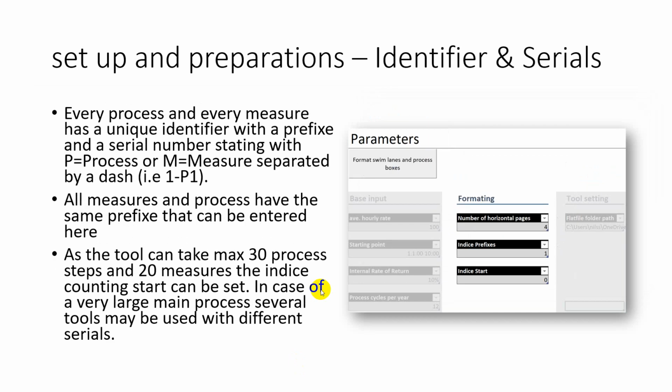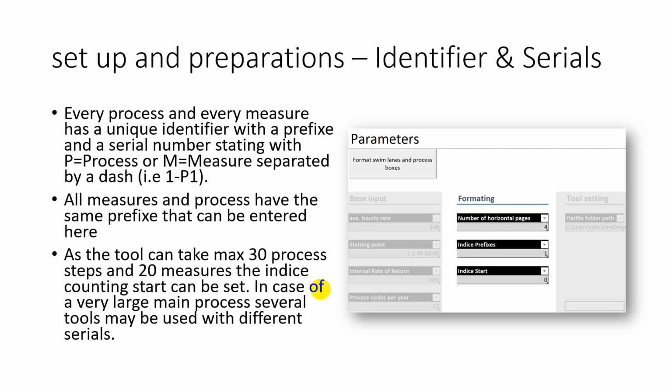Last but not least, formatting plays a major role. Let's start with the index start and the index prefixes. The tool as a standalone can digest about 30 process steps and 20 measures.